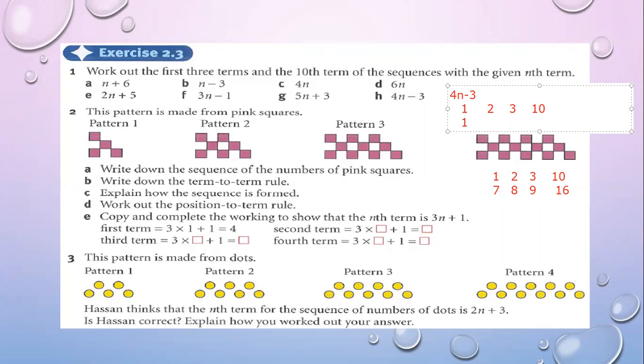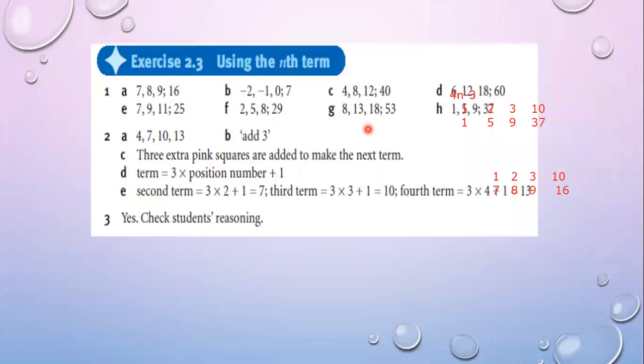Then 8 minus 3, 5. 12 minus 3, 9. And 40 minus 3, 37. Okay, so here are the answers. I hope all of you understand. So let's check whether we are right or wrong. Yeah, we are right. Look at here, this h part.